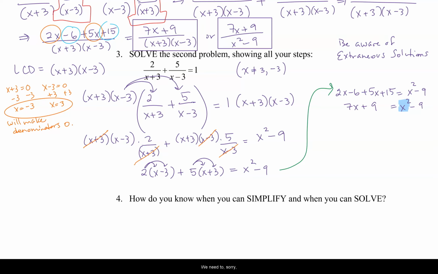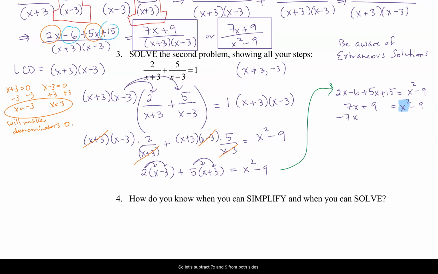We need to move everything to one side of the equation so that we'll be able to factor and then solve for the variable. So I'm going to move everything to the right since I already have that x squared there. It's positive. It'll be a little more difficult if I try to move everything to the left. You should still get the same answer, but it introduces a negative sign in the front, and I don't want that.